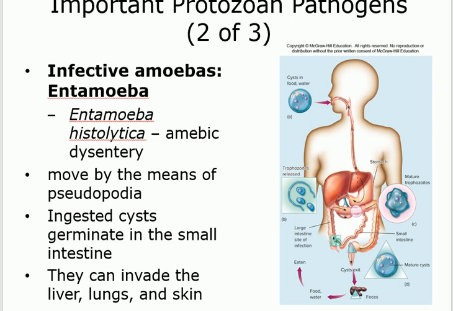How do you get Entamoeba histolytica? You get it by ingesting cysts. This is the one thing that if you go overseas, they tell you, do not drink from any water, right? You have to get bottles or something like that. Otherwise, you will get the amoeba. This is what they're talking about.